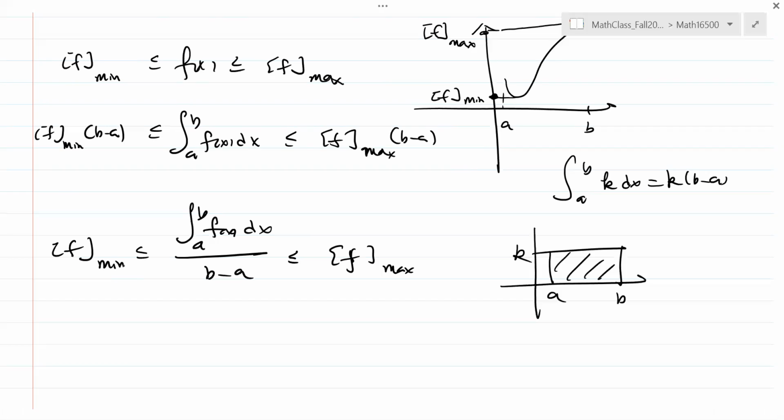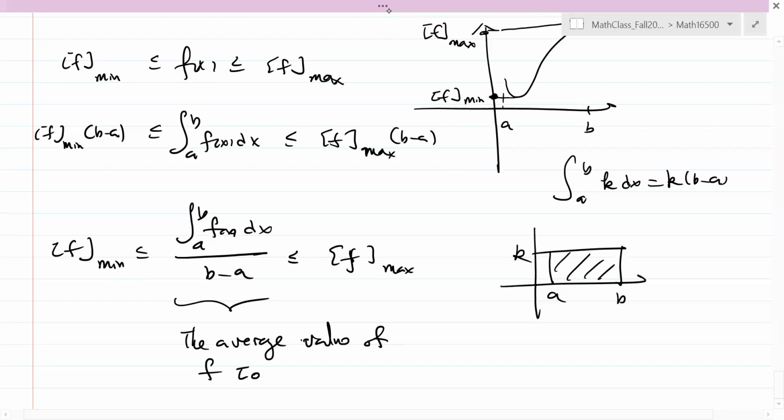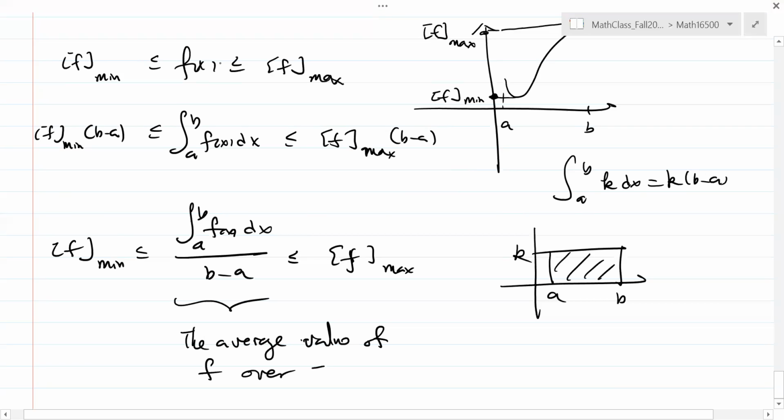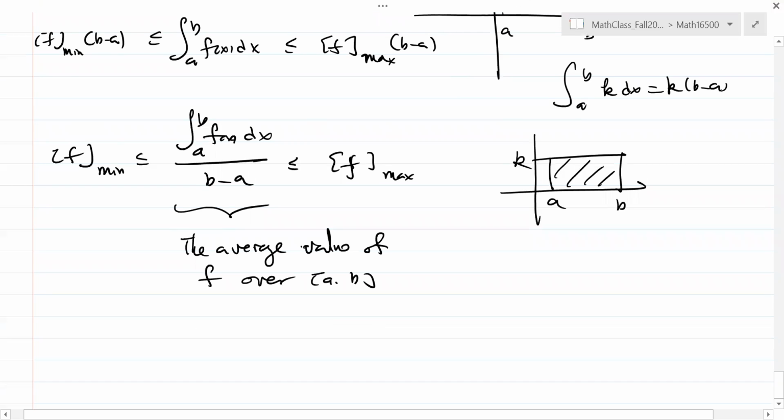So the meaning of this is the average value of f over the interval. The integral of the function divided by the size of the interval is actually the average value of the function, because the function is continuous.